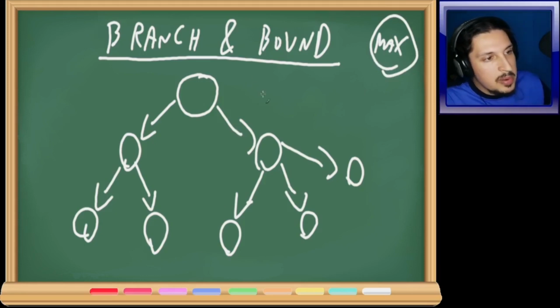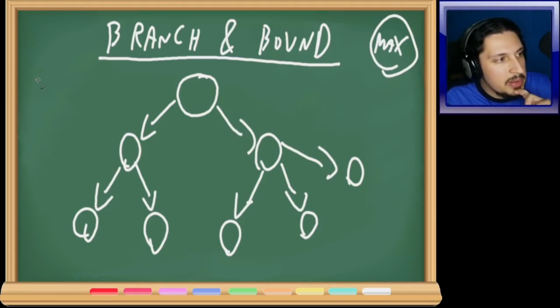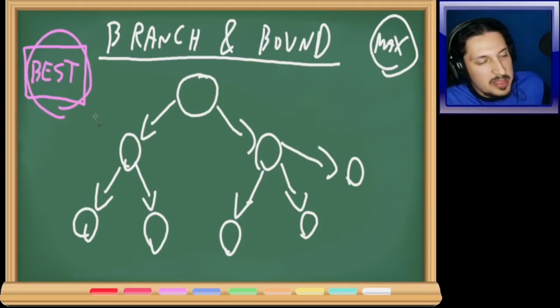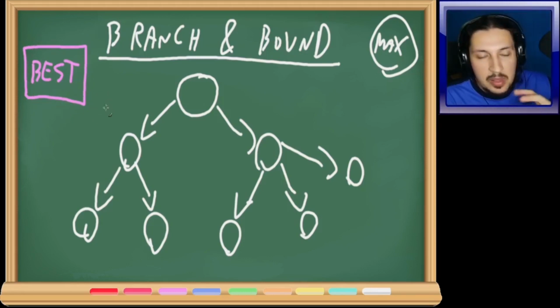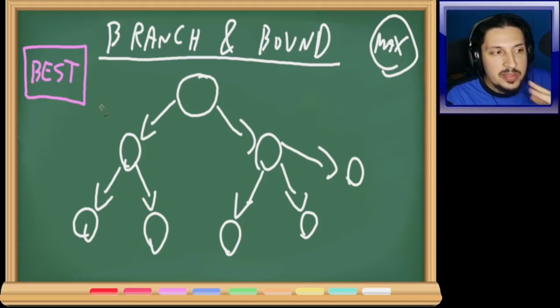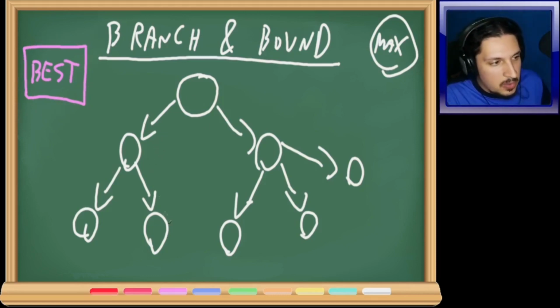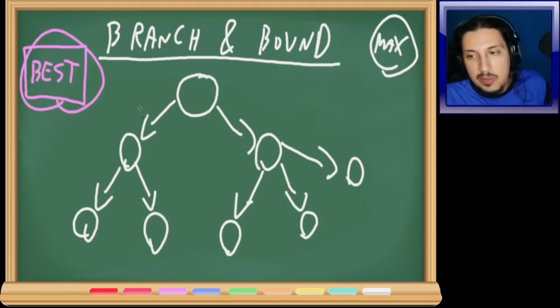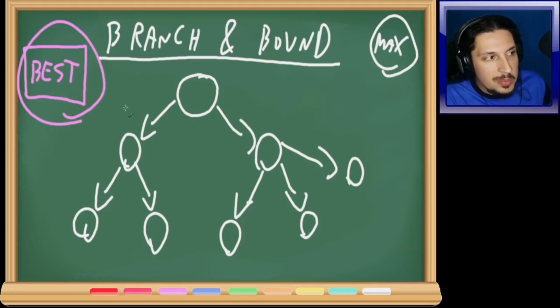Well, the branch and bound method will work by having a global variable, and this one is critical. This is the most important part of the method. Let's call it best, which has the best solution, or the value of the best solution. What do I mean by the best solution? The best solution that I know that exists, basically. This is a global variable because no matter on which branch you are, if at any point in the algorithm you see a solution that is better than the one you've seen before, you update this global variable.